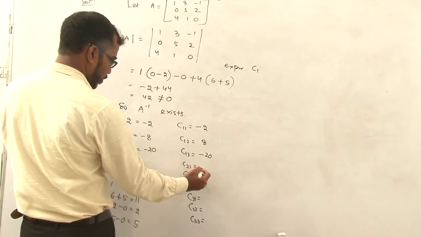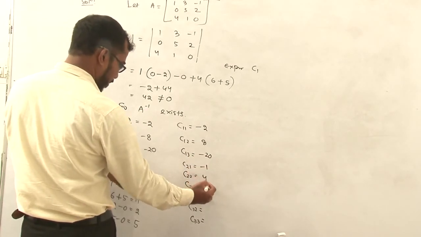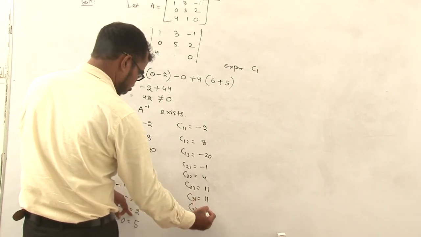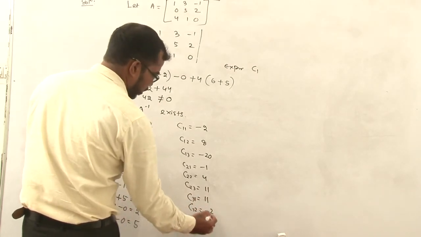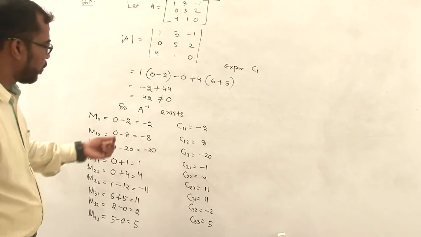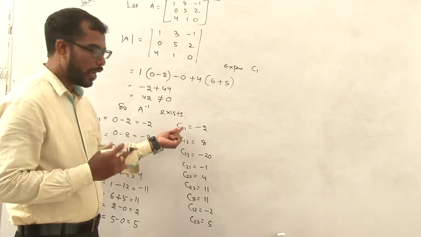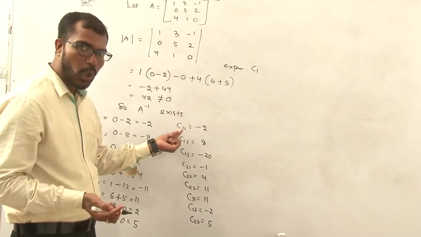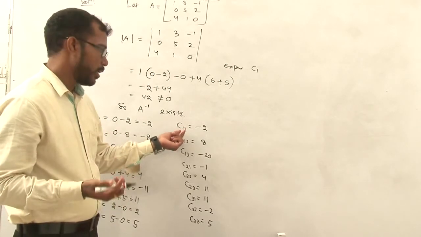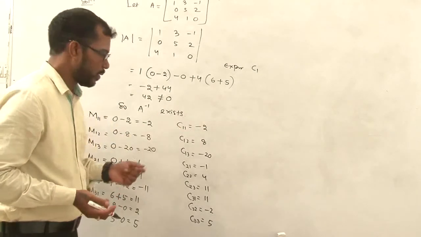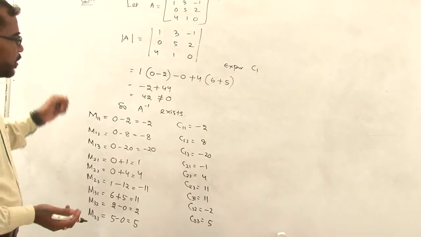Same sign, changed sign, and so on. If we add the row and column numbers and get odd, then the sign changes; if we add and get even, then you write the same value. Okay, so these are the cofactors of this determinant.